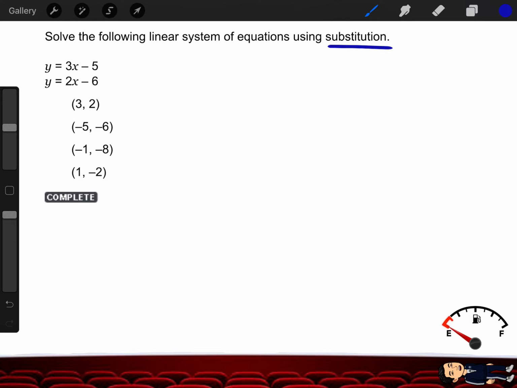All right, so the first thing you want to do is solve this linear system using substitution. You know that y is equal to 3x minus 5. Also, y equals 2x minus 6. You can substitute this expression, which is basically y, into the y in the second equation. So it's going to look like this: 3x minus 5 equals 2x minus 6.